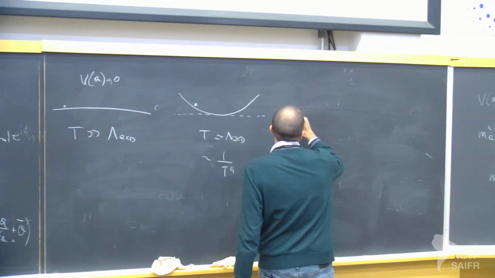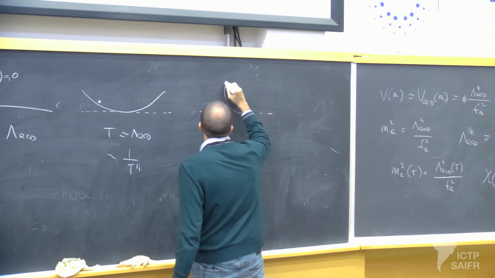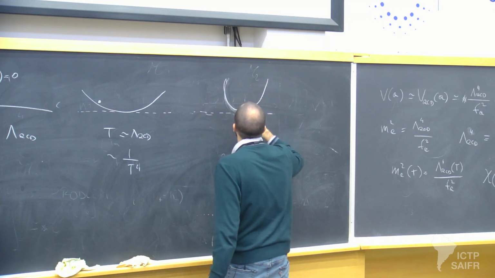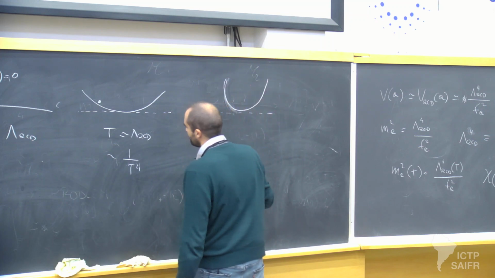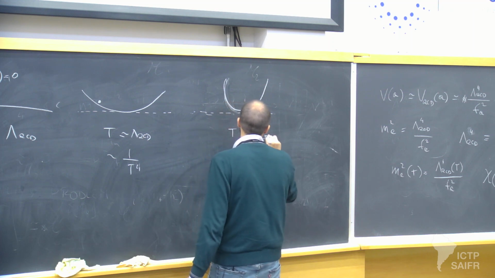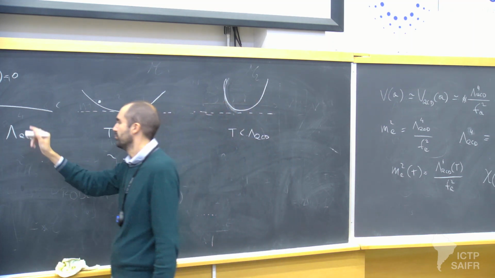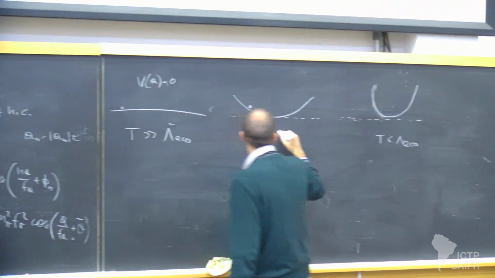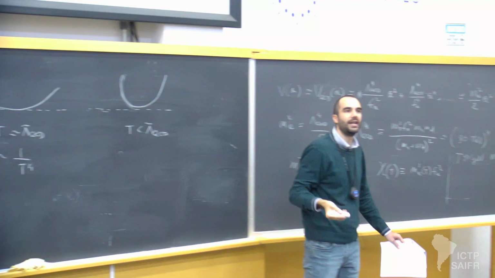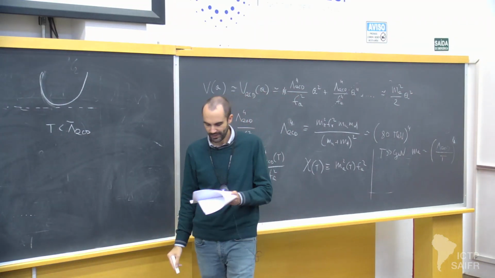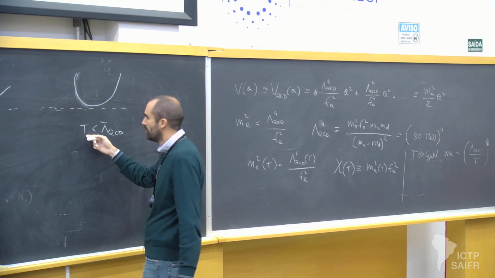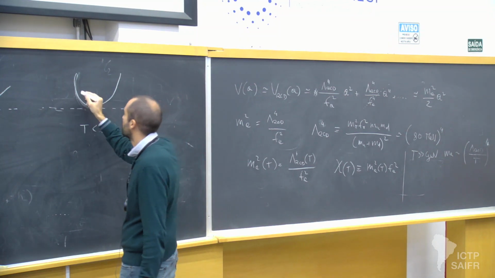And then, immediately after the QCD phase transition scale, so this lambda QCD, well, let me call it tilde, is not exactly the same as the one I'm using for the axion, but it's the one relevant for the phase transition. So when the temperature is smaller than this scale, then the potential is turned on.